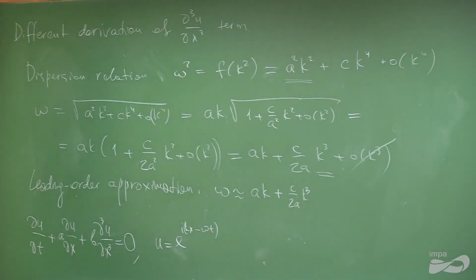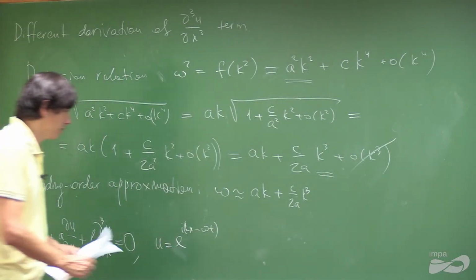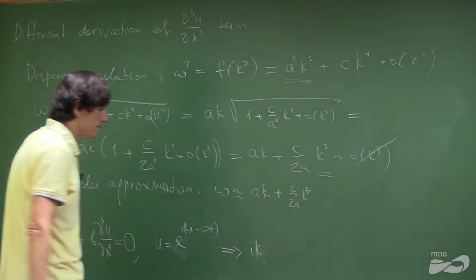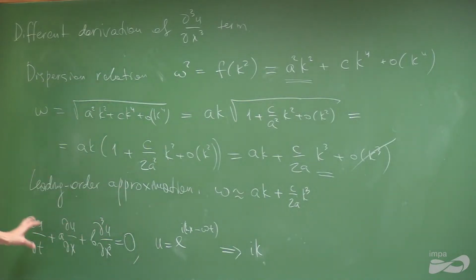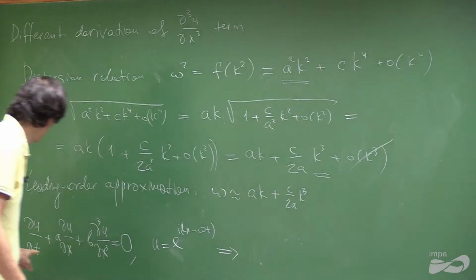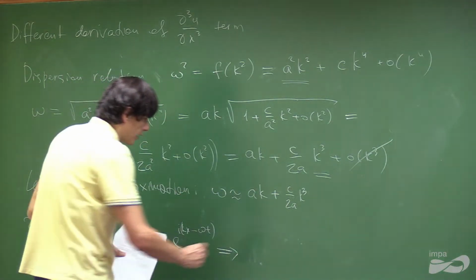So every derivative in x will give you ik, and the exponents will be the same, so we cancel them. The time derivative gives you minus i omega.